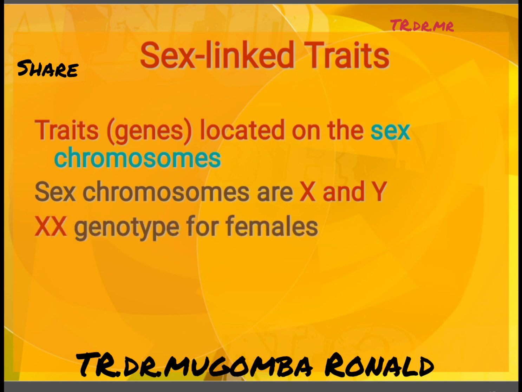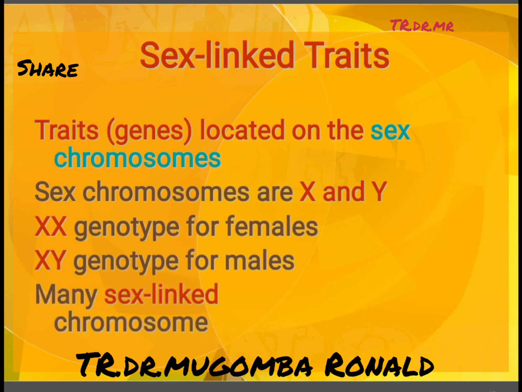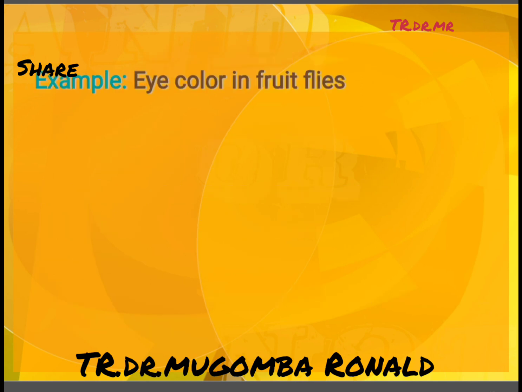Females usually have a genotype of XX, and males usually have XY. So many sex-linked traits are carried on the X chromosome and not the Y chromosome, because the Y chromosome is usually considered to be genetically empty, though it can carry some genes for certain characteristics that are unique to males.